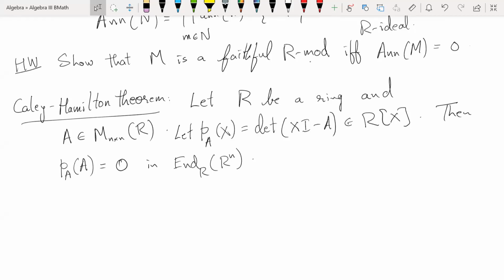So this is the matrix version. I've just written the matrix version with free modules instead of vector spaces. Yeah. So the completely abstract version is this one. Let M be a finitely generated R module.